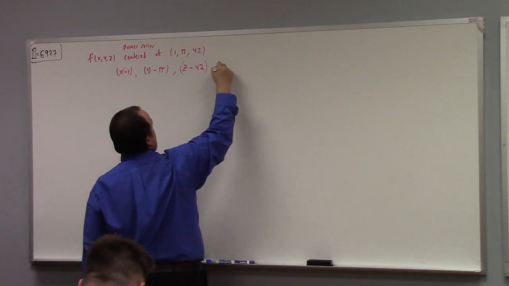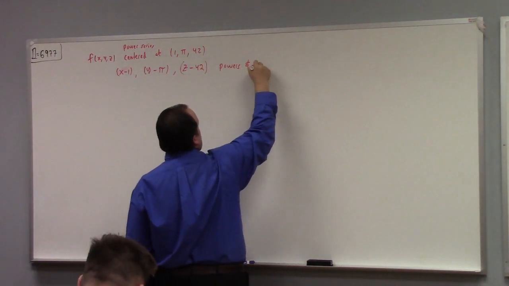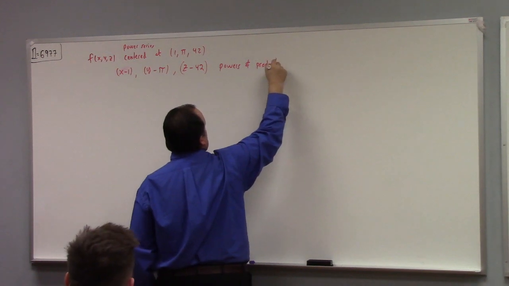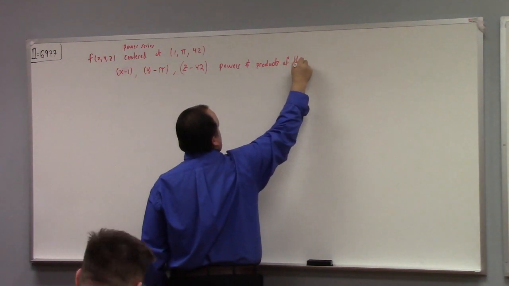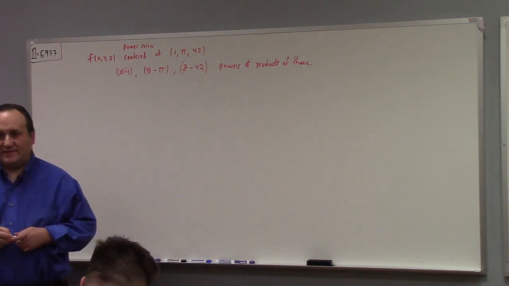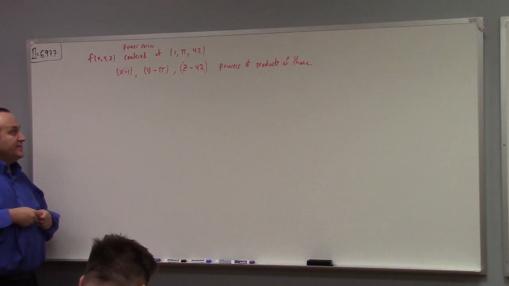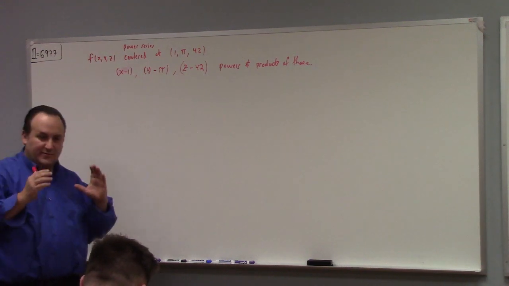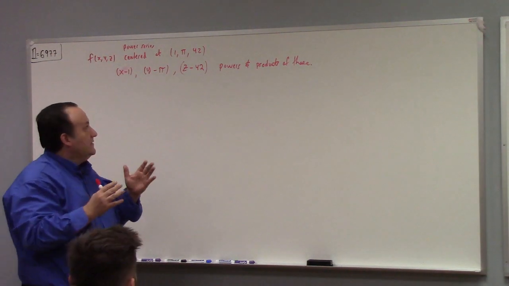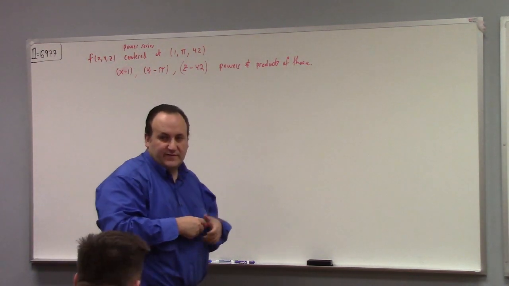Powers and products of these things. That would be a power series. So if I was asked to write a power series for a function of 3 variables centered at (1, pi, 42), I need to put it in terms of x minus 1, y minus pi, z minus 42. So it's the same thing as before.